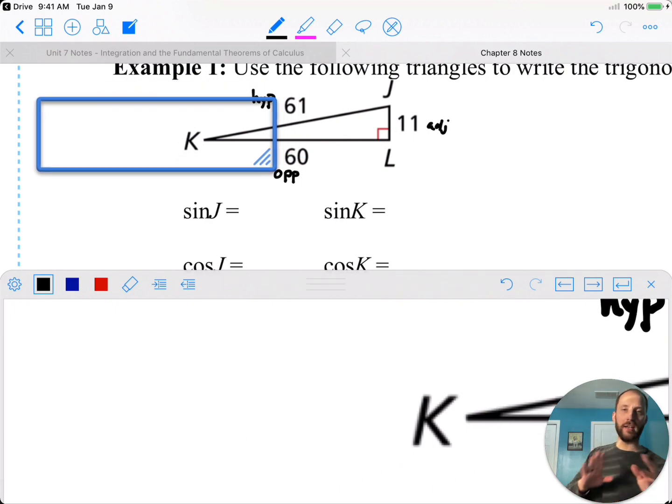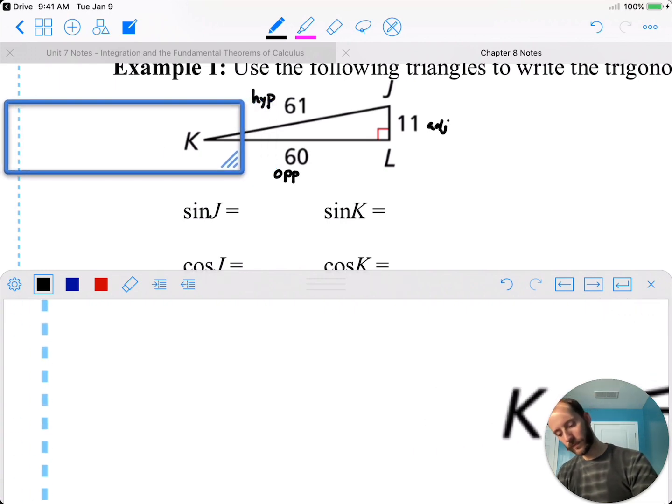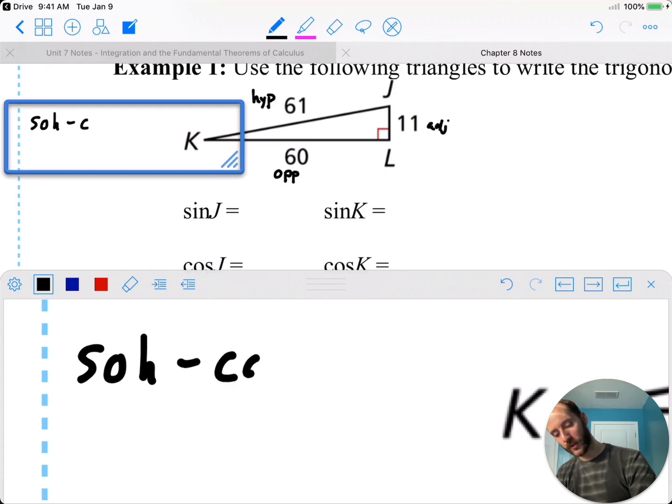So there's a little abbreviation, an acronym you can use. You've probably seen this before.